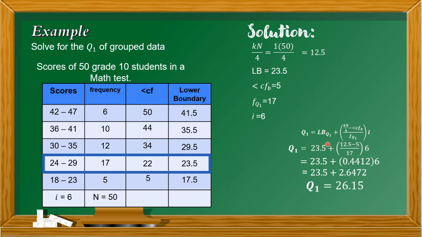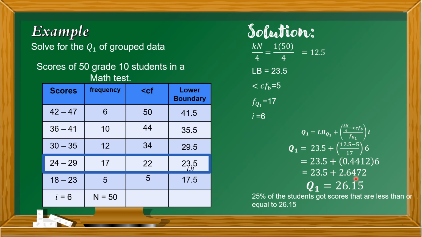First quartile is equal to 23.5 plus 12.5 minus 5 all over 17 times 6. 12.5 minus 5 all over 17 is 0.4412. Gamit ang PEMDAS, 0.4412 times 6 is equal to 2.6472.